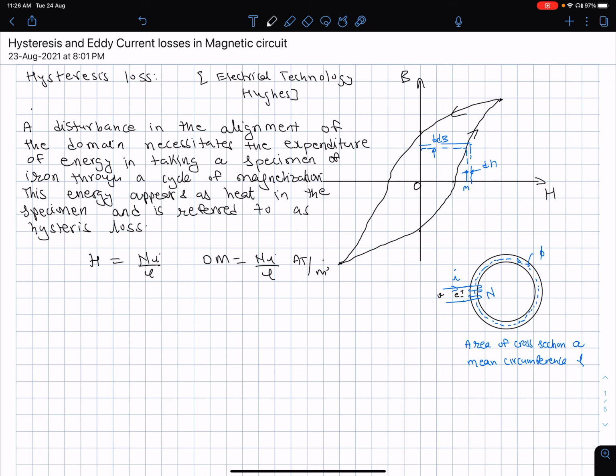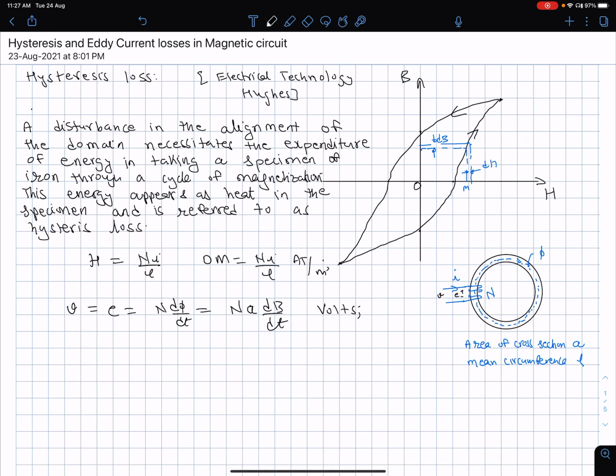Whenever there is a change in the flux, because there is a change in B, there is going to be an induced EMF generated in this coil. So we get V equal to E equal to N d phi by dt, which is equal to N times, with area of cross section A, N A dB by dt volts.